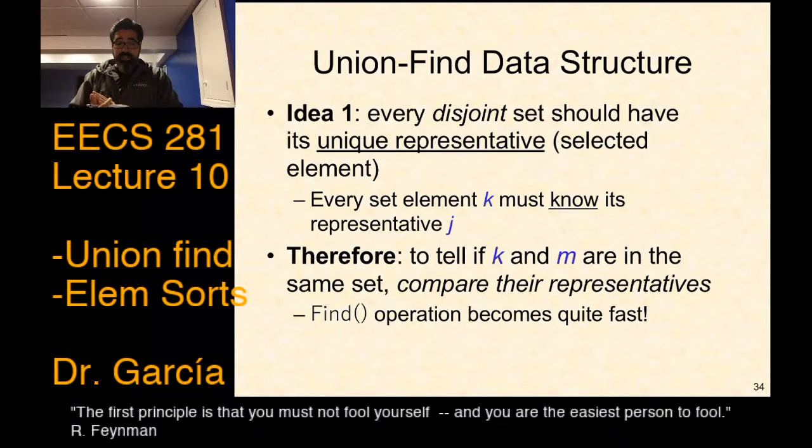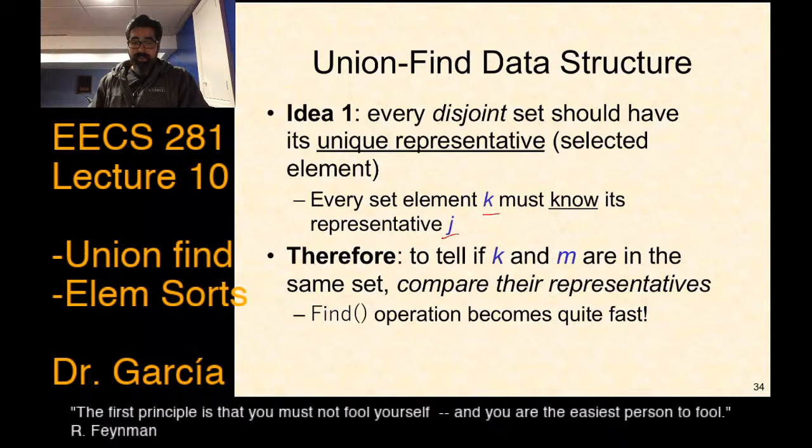What we would want to do is basically maintain representatives for each one of the elements, or the nodes. It kind of depends on the context that you're talking about. I'll stick to calling them elements. So every set element K must know its representative J, whatever that is.